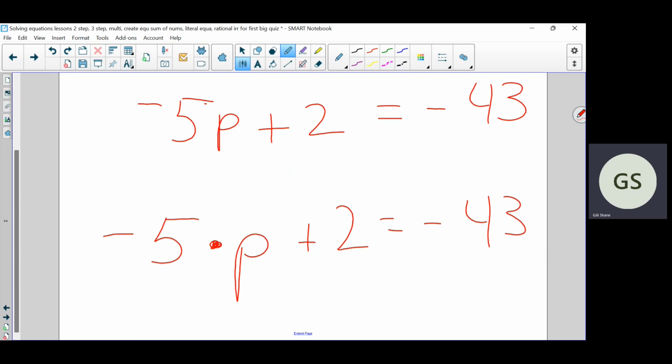So 9 times negative 5 is negative 45. Negative 45 plus 2 is negative 43. That's the answer. The answer is just the number that, if we plug it back in for the variable and do all the math, will make the left side equal the right side. And 9 did. 9 was the number.